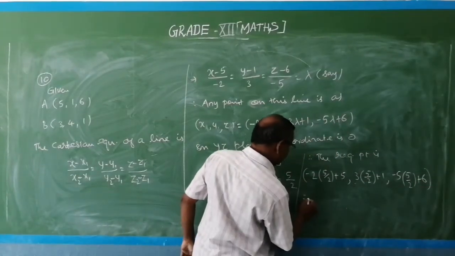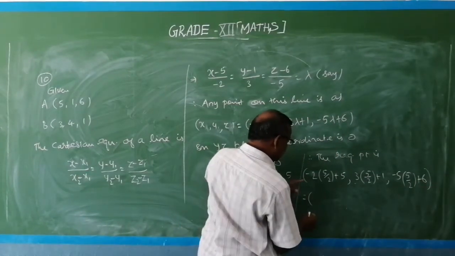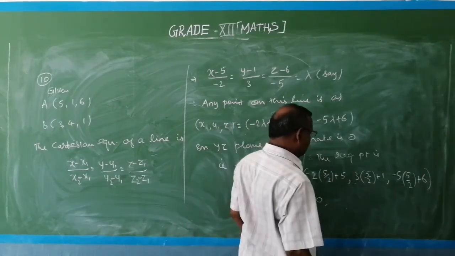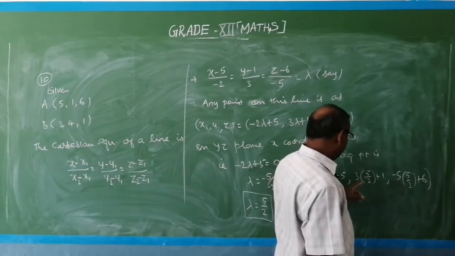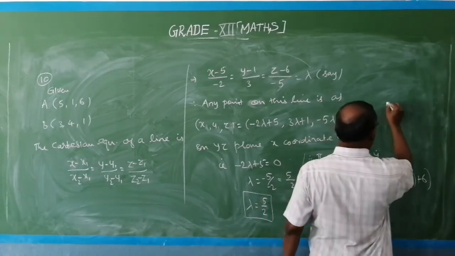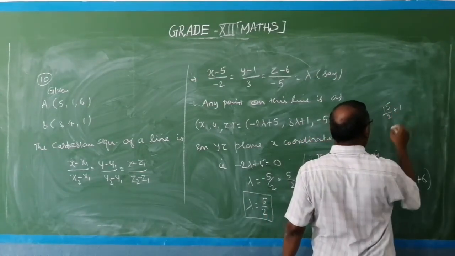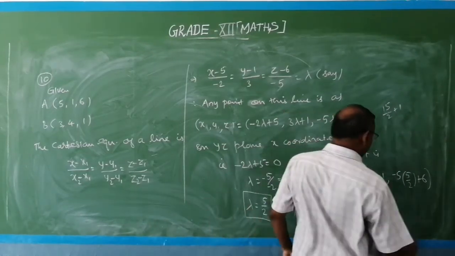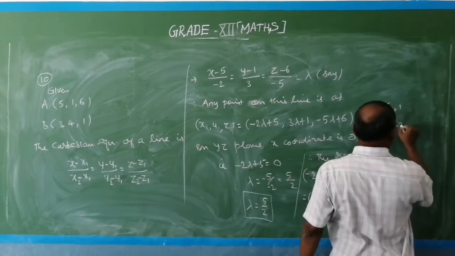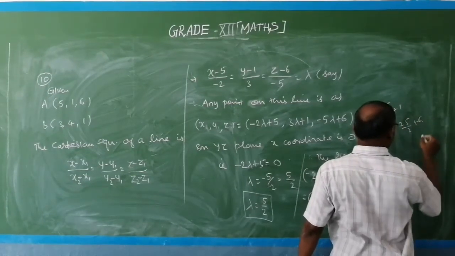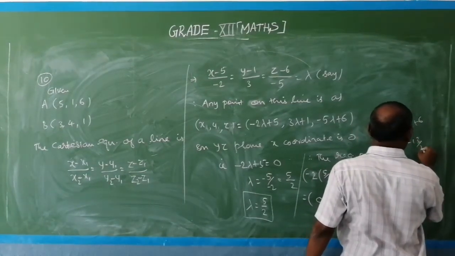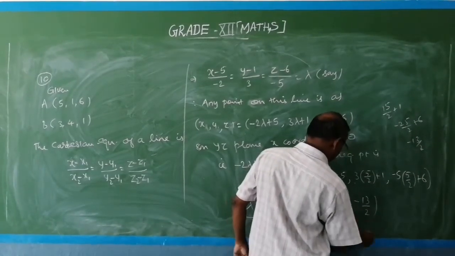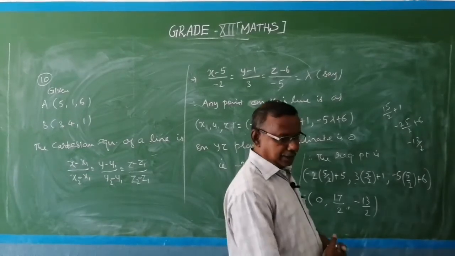That is, minus 2 cancel, minus 5 plus 5 is 0. Now 3 fives are 15 by 2 plus 1, that is 17 by 2. Next is minus 25 by 2 plus 6, minus 13 by 2. So the required point is (0, 17/2, minus 13/2).